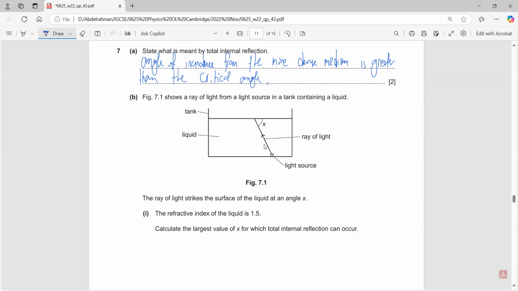It's greater than the critical angle. So all of the waves, or all of the rays, instead of waves, we can write down rays, which might be better. All of the rays are reflected back.